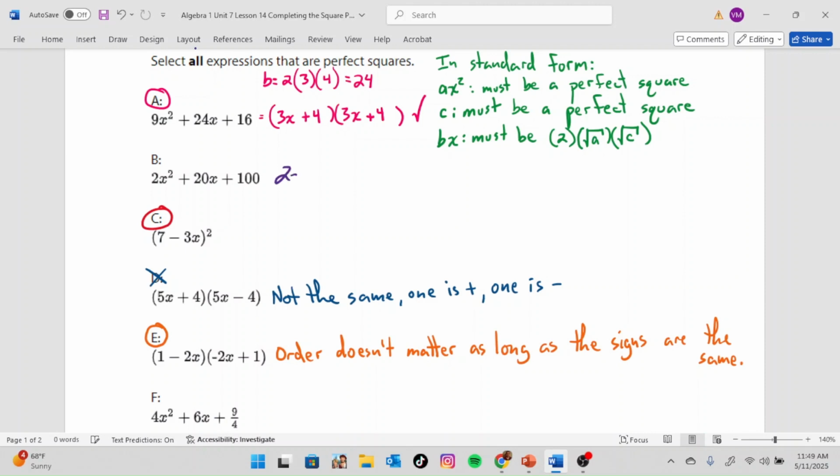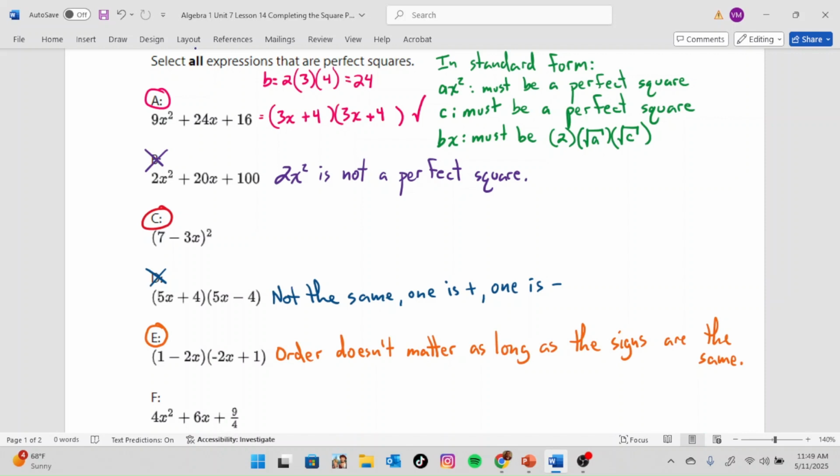So 2x squared is not a perfect square. You can stop right there because you know at that point B is not a perfect square.